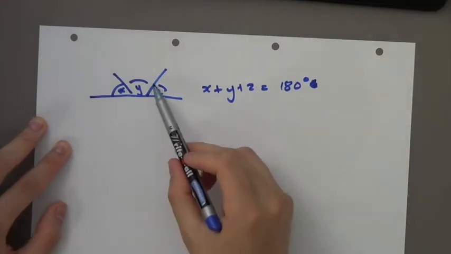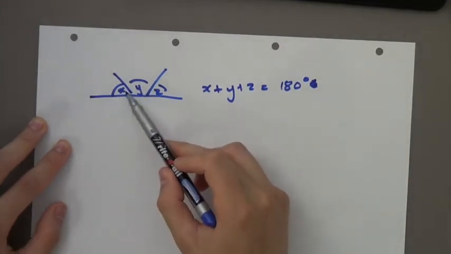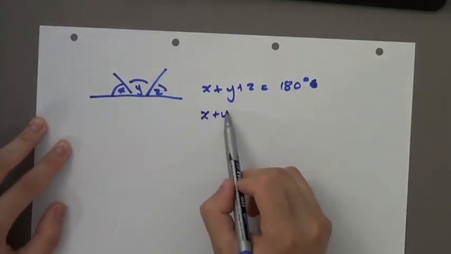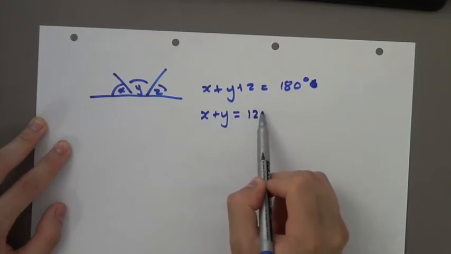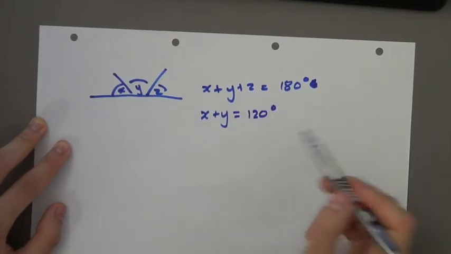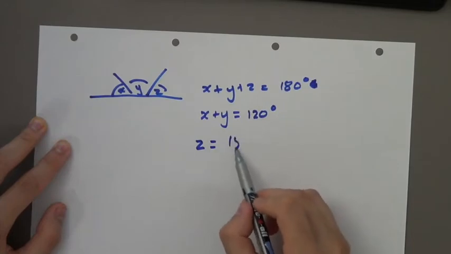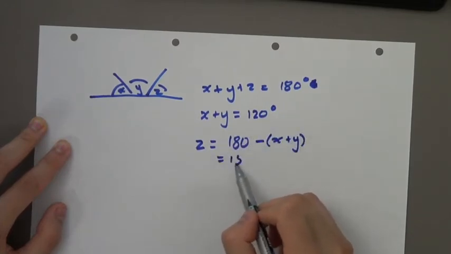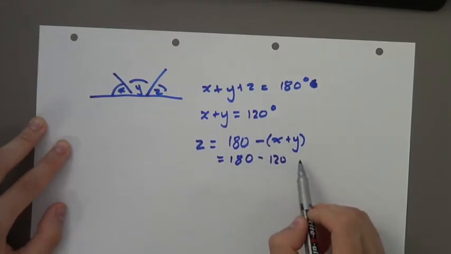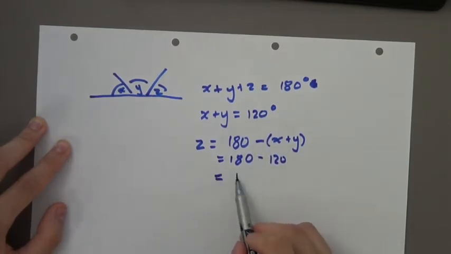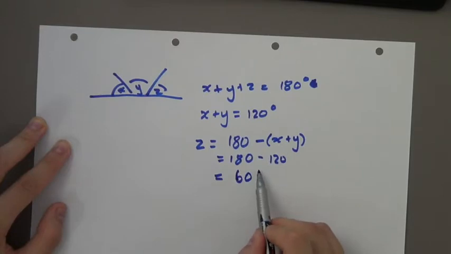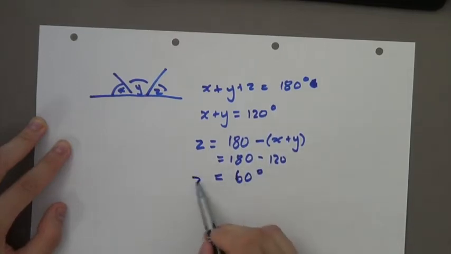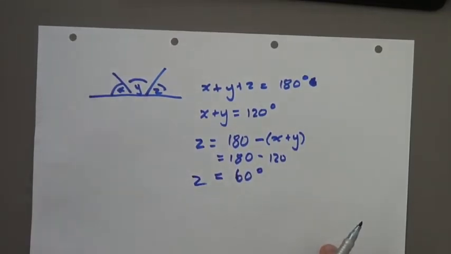Okay, and let's say we knew x plus y equals 120 degrees, then therefore z equals 180 minus (x plus y), which is 180 minus 120, which is just 60 degrees. So therefore z is equal to 60 degrees.